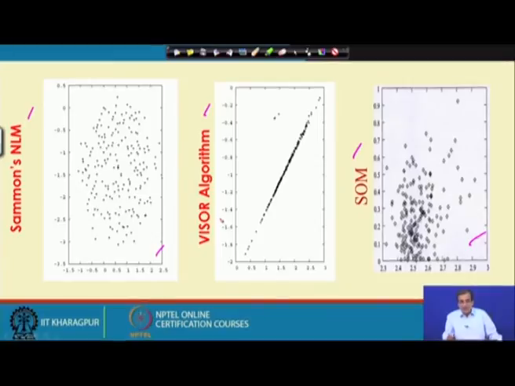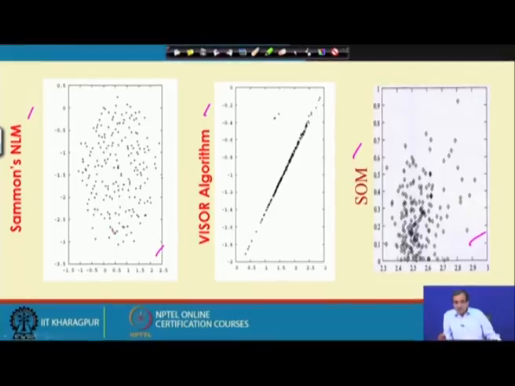But if I compare in terms of computational complexity, the Weiser algorithm is the fastest out of these three. Within one iteration only, it is going to give the mapped data points. On the other hand, Sammon's nonlinear mapping is an iterative search and it takes a few minutes to give the mapping.